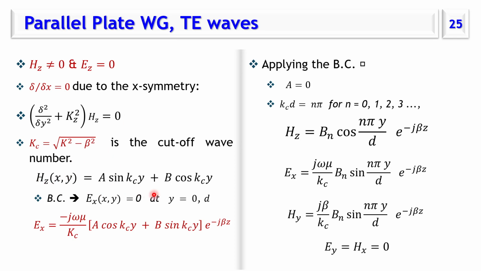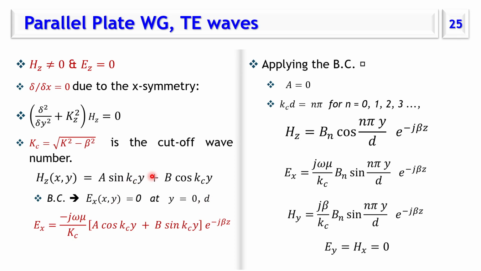So writing the general solution for H z, we'll have this expression. The boundary conditions that we have is that E x equals 0 when y equals 0 and y equals d. E z is already 0, so the other tangential component in this case is E x, and we need E x to equal 0 at the two conductors.